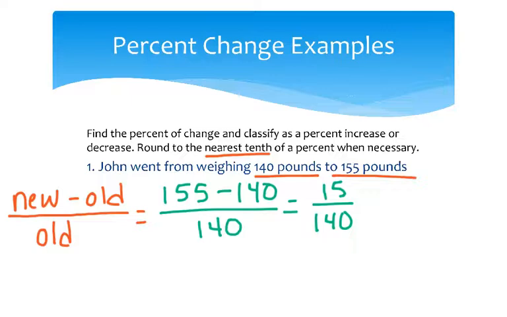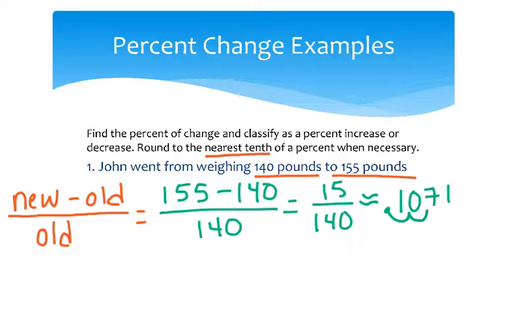Simplifying this even further now, and you have to round to the nearest tenth. So if you take just 15 divided by 140, you get about 0.1071. So rounding to the nearest tenth, remember, you have to move 2 spaces, so 1, 2.